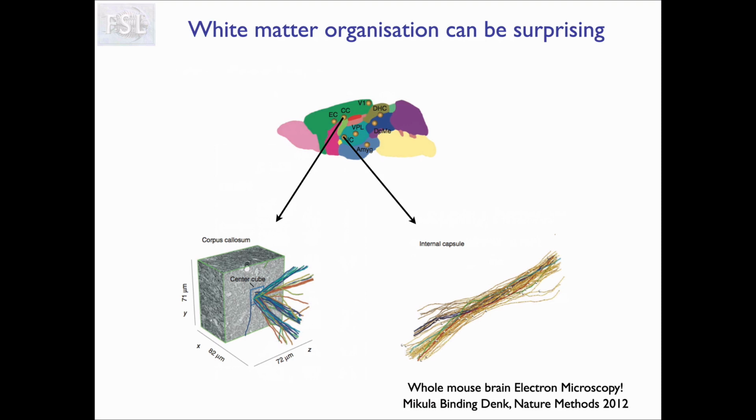This is just to illustrate this point a bit further, that we really have such complicated fiber configurations. For example, in earlier talks I used the corpus callosum as an example of a region where we just have one fiber bundle running left to right connecting the two hemispheres. But if you actually look in electron microscopy, you have axons going indeed from left to right, but with a whole range of orientations.